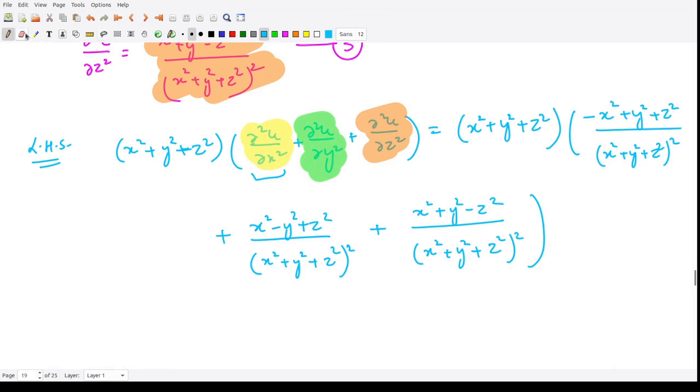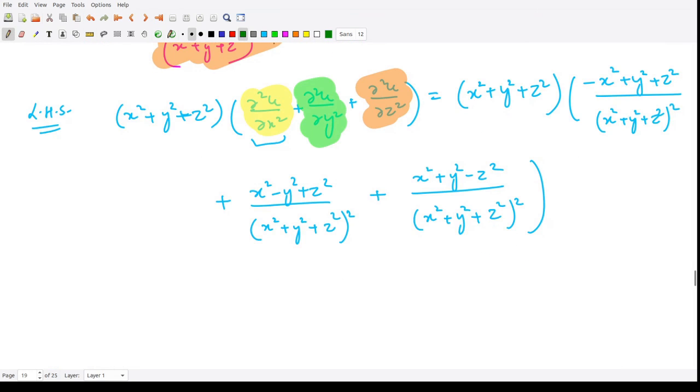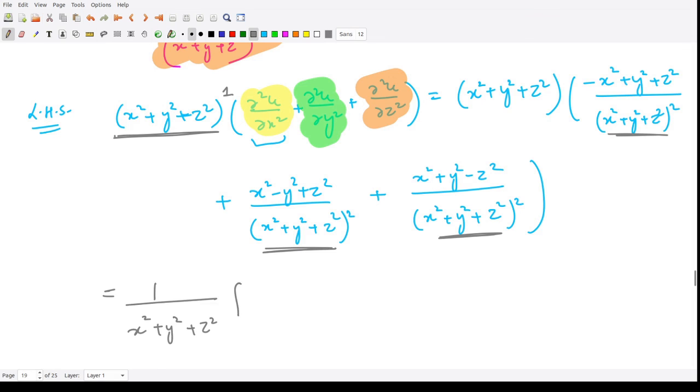So now the next step is to simplify all these terms. So the 1 power of this term x² + y² + z² cancels with 1 power here of each of these terms. So we will be left with 1 divided by x² + y² + z², and we are left with minus (x² + y² + z²) plus (x² − y² + z²).